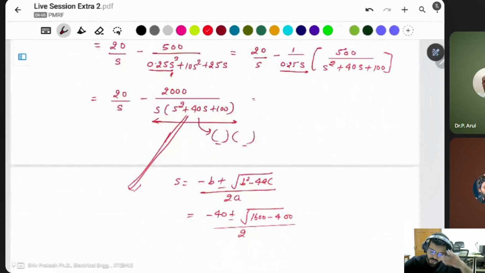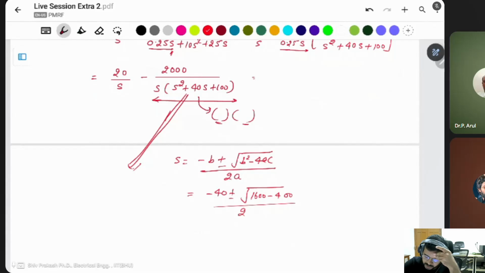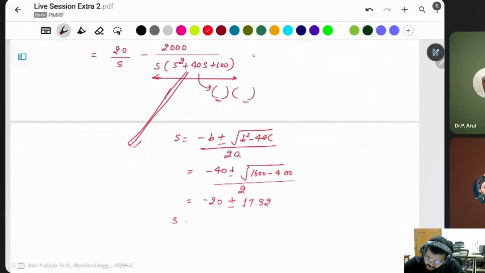Then I want to break this into two parts, so use the Sridharacharya rule. This will be minus 20 plus minus root of 1600 minus 400, it will be 1200, the square root of this divided by 2, it will be 17.3. Then what is the s?